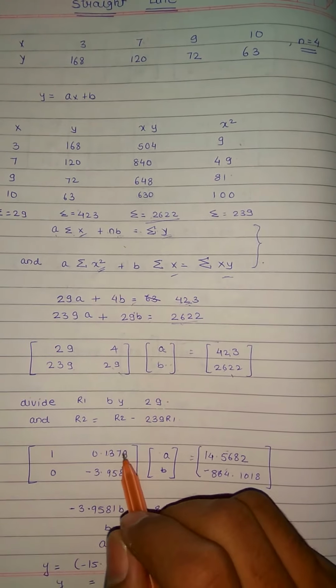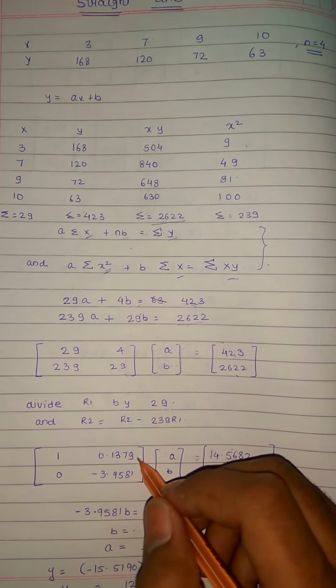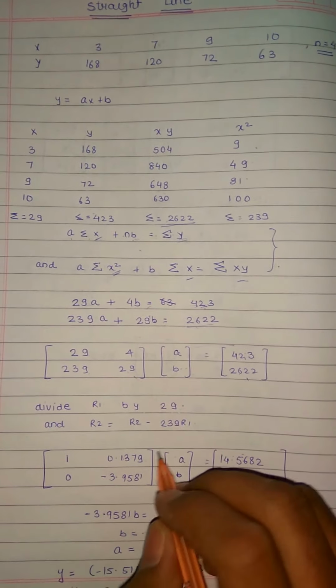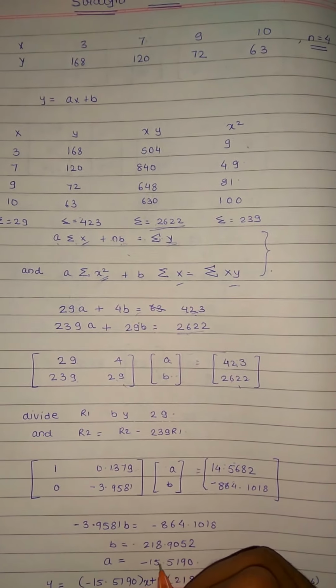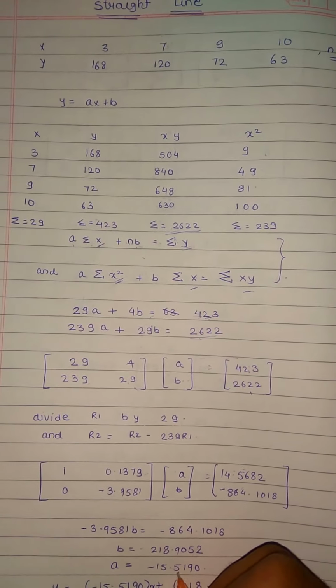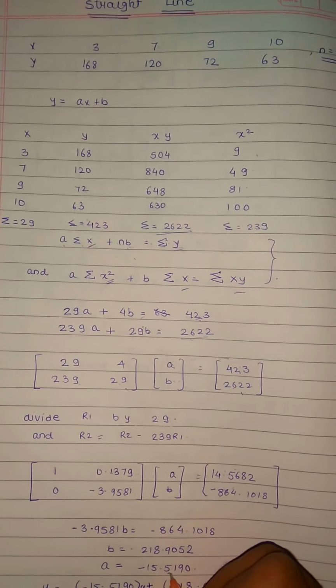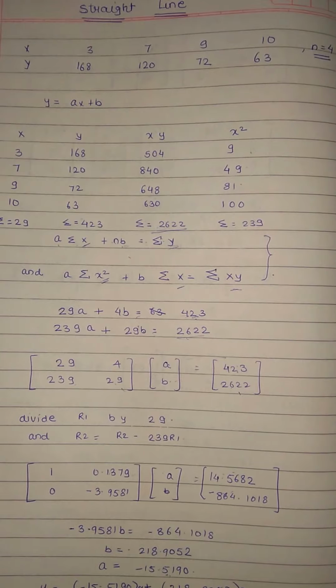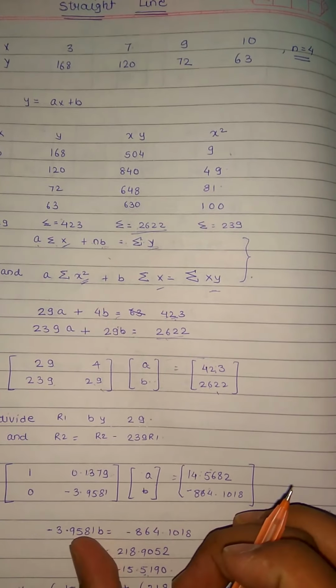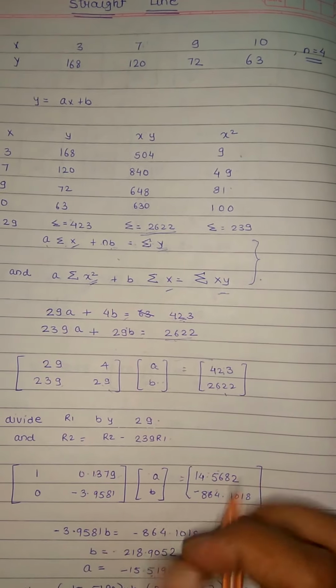Similarly, 1a plus 0.1379b is equal to 14. So putting the value of b in this equation, you can find out a. So a is 15.5190. Now next, y is equal to ax plus b. a is minus 15.5190, b is 218.